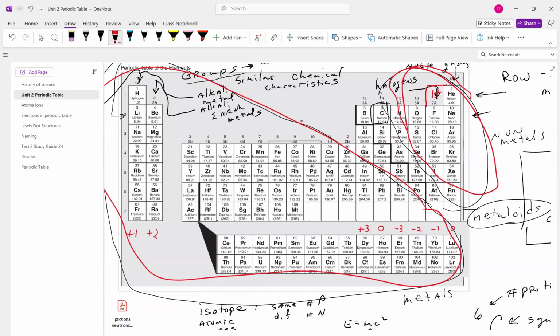Why do you think it forms a +1 ion? Just in general. If in doubt, what do you say? Is this more stable? So a +1 lithium is more stable than a 0 lithium.